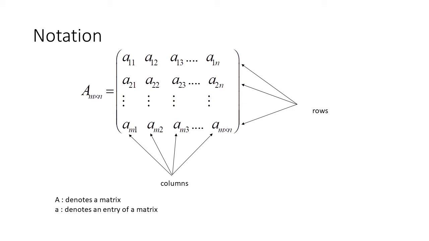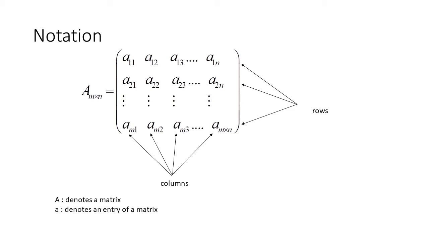Now we see the general notation for a matrix. A matrix A will be like this. As we see in this slide, we have a big bracket. Inside the bracket we don't see numbers. Instead of numbers they give you a11, a12, a13, etc., a1n, a21, a22, a23, etc., a2n, dot dot dot, am1, am2, am3, amn.